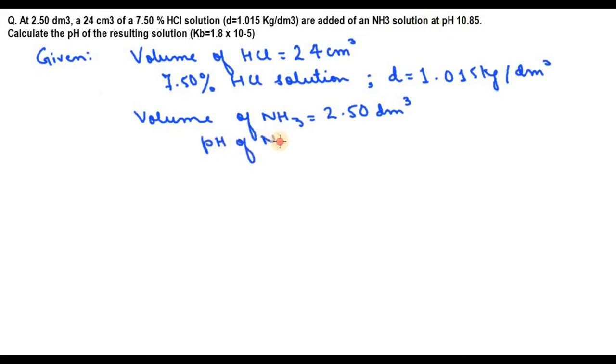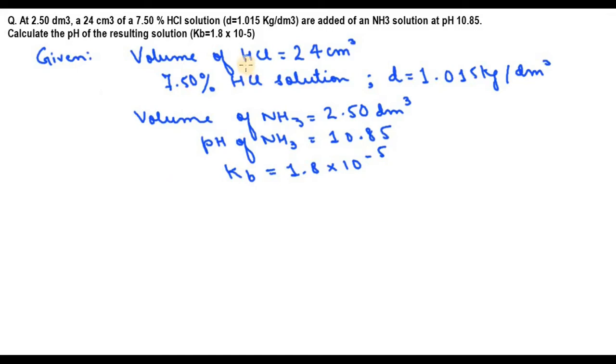So pH of NH3 solution is 10.85 and Kb of NH3 solution is given, 1.8 times 10 to the power minus 5. So these things are given in the question.